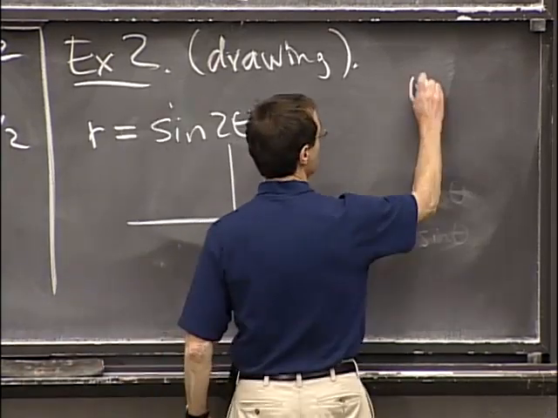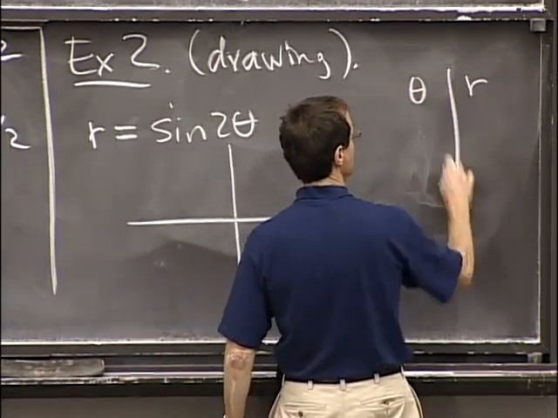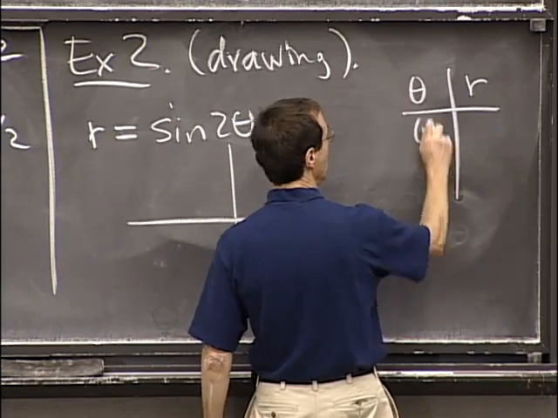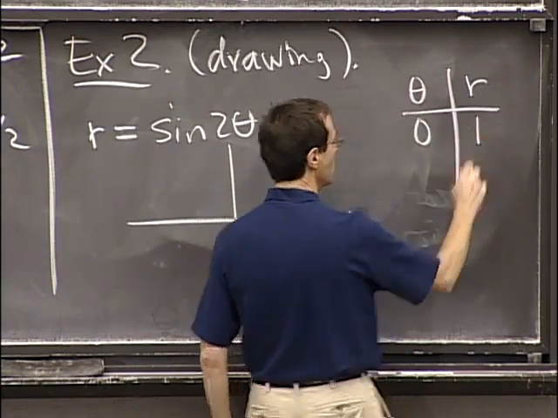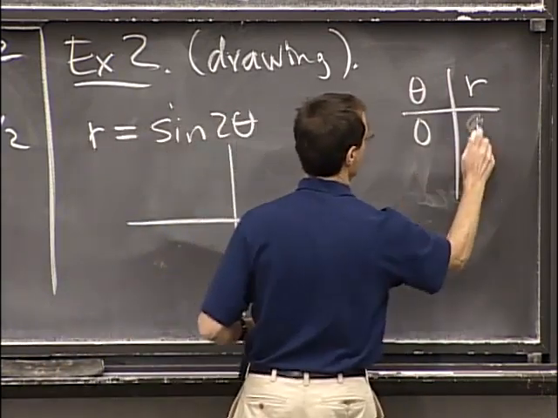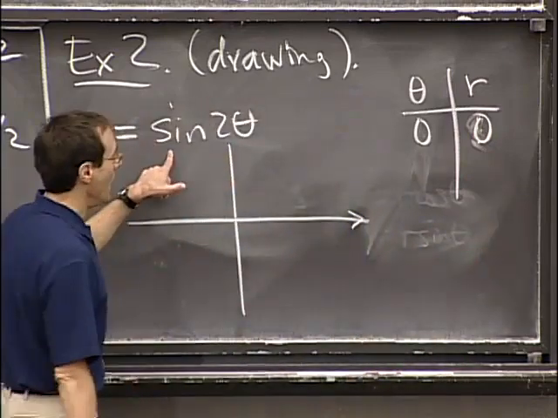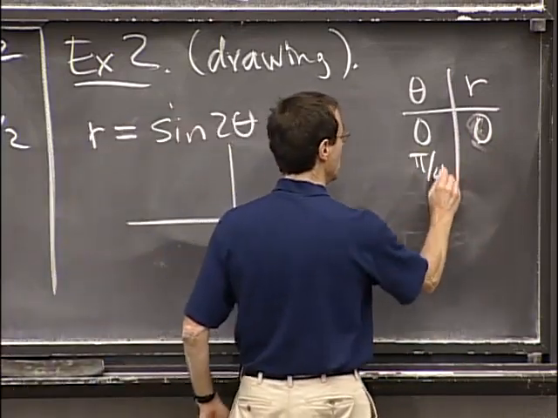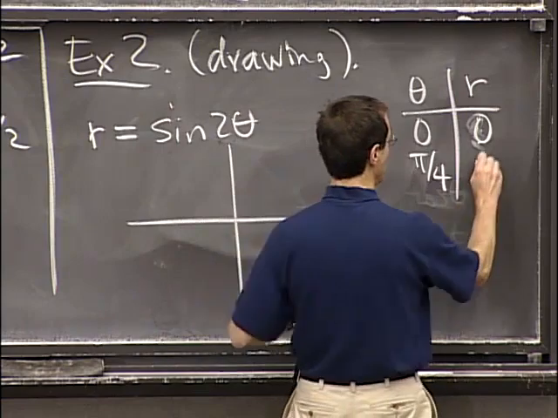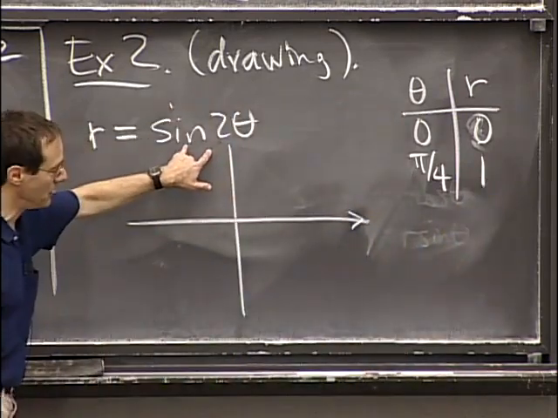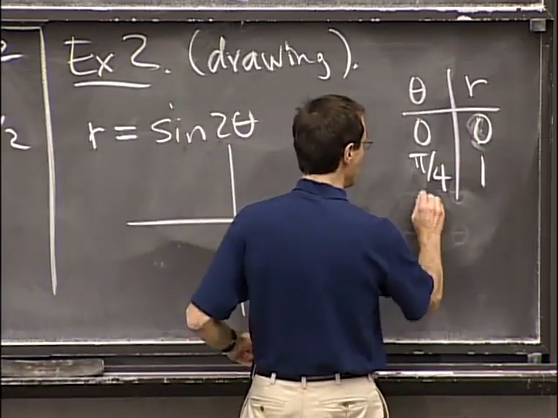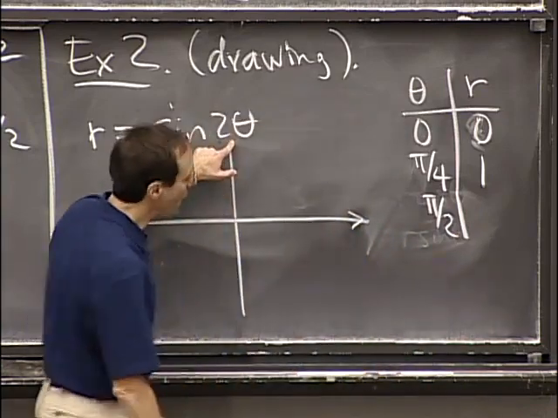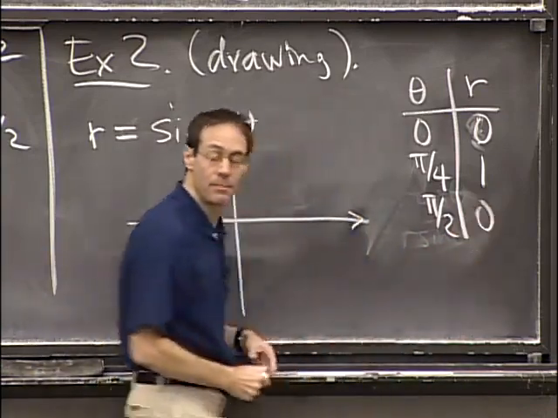So let's just plot a few places here. I'm not going to plot very many. Theta is equal to 0, I get r is 0. And then at pi over 4, that's where I get sine pi over 2, I get 1 here for this. And then again, at pi over 2, I get sine pi, which is back at 0 again.